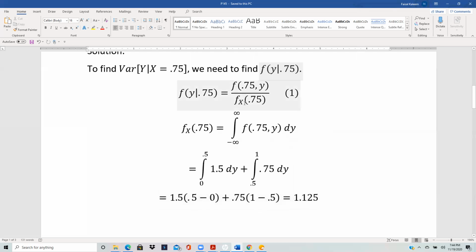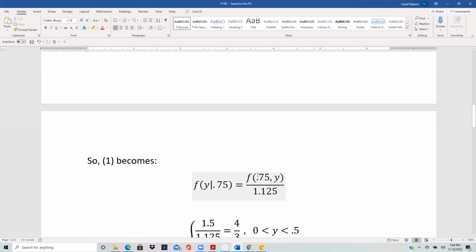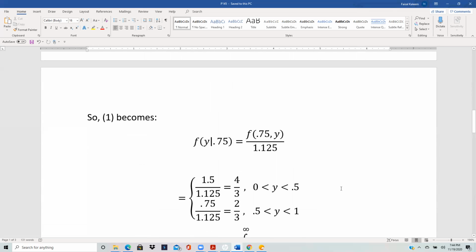And now you substitute this in equation 1. And so you get f of y given 0.75 would be f of 0.75 comma y over 1.125. Now f of 0.75, y means x is 0.75 and y is y. And that changes depending on y. The joint PDF was 1.5 when y is between 0 and 0.5, remember?